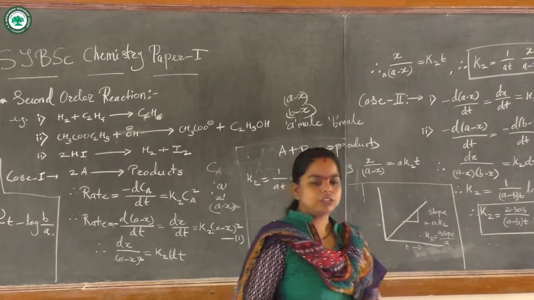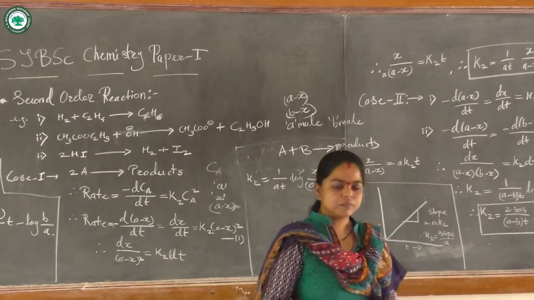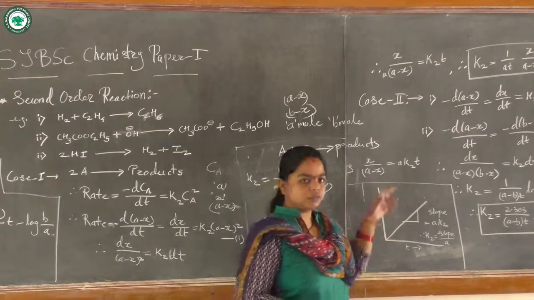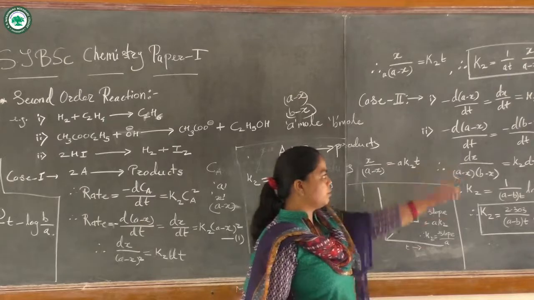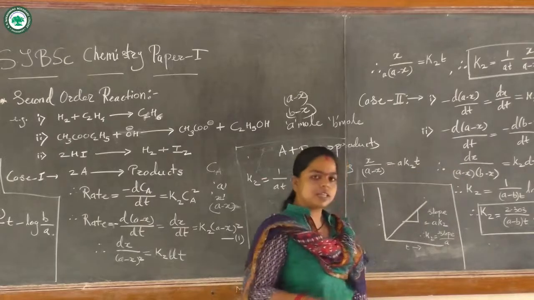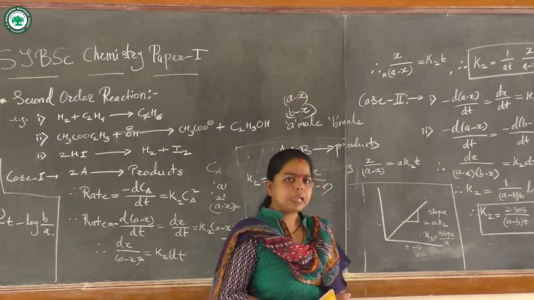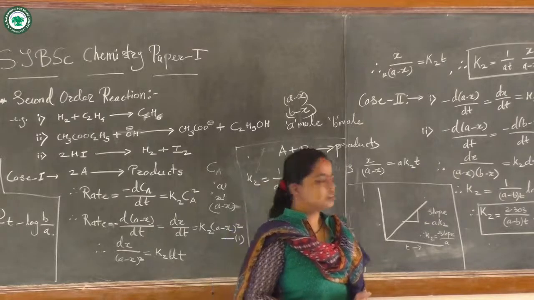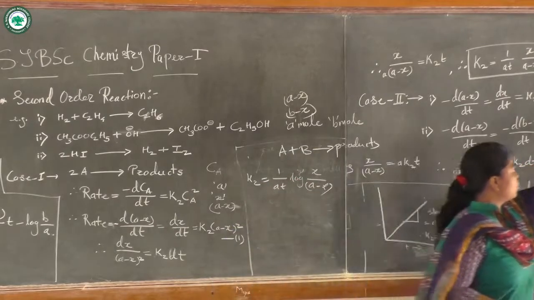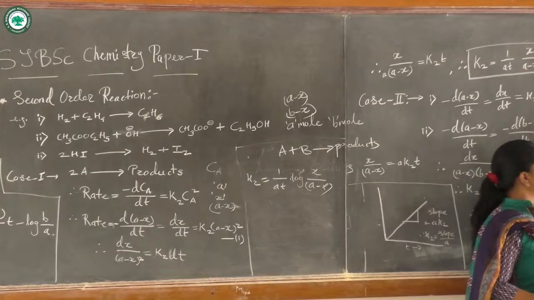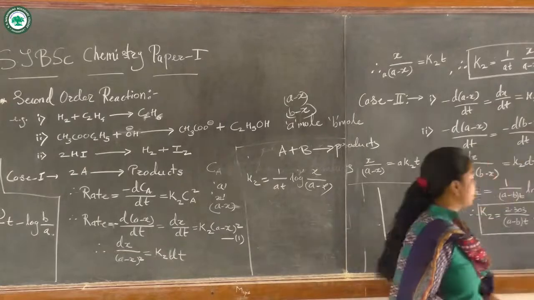So in this equation we have to consider both final concentrations for the two reactants, which are different. In the first case we had taken only (A minus x) raised to 2. So here the exponent is 1 and here the exponent is 1. So 1 plus 1 becomes second order.